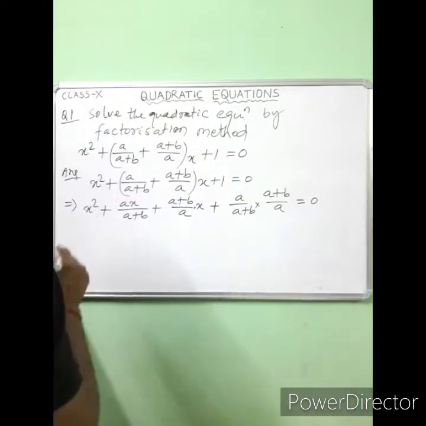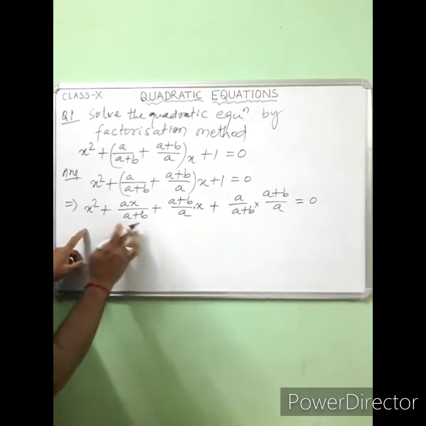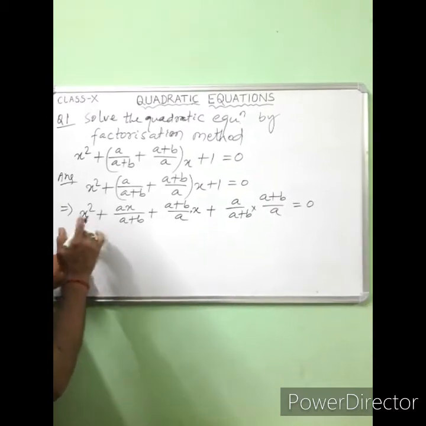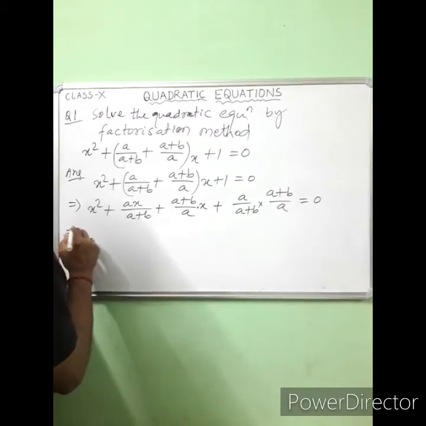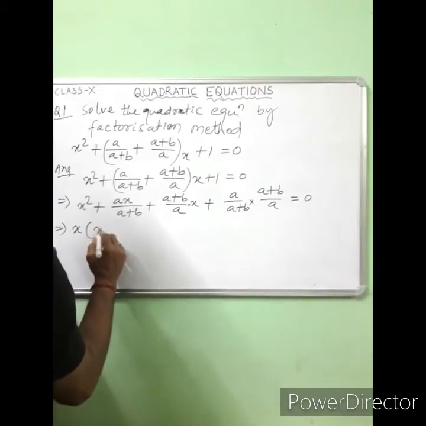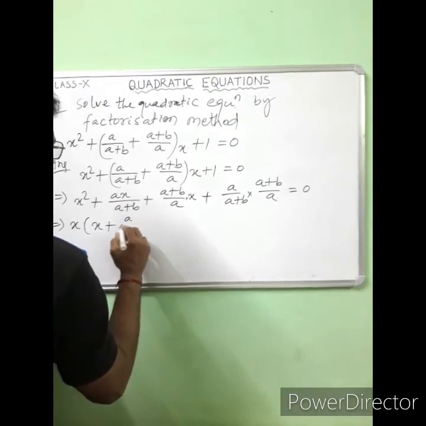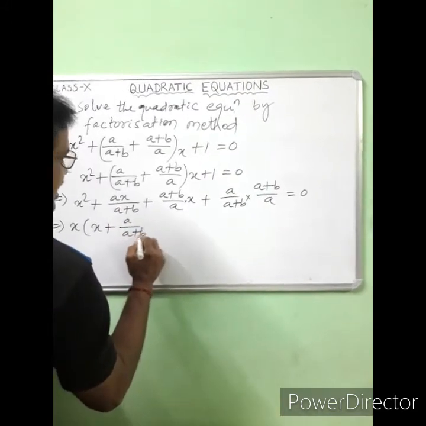Now, among the first two terms, which one can we take as common? x. So x is taken as common, and the remaining is x plus a by a plus b.